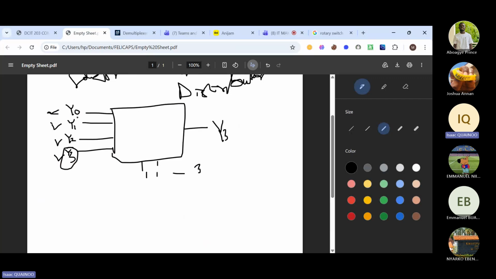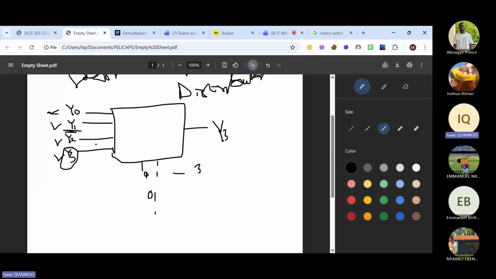So we have our inputs as Y0, Y1, Y2, Y3, right? So we have 0 and then 1. So that's going to be Y1, because you have 0, 1, and 0, 1 corresponds to data line 1.